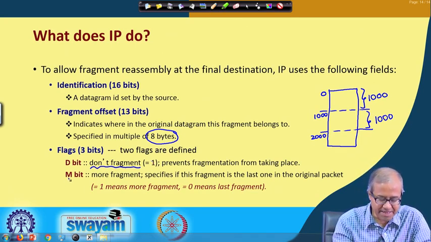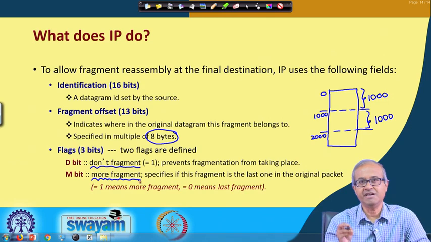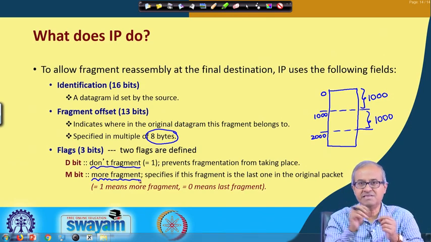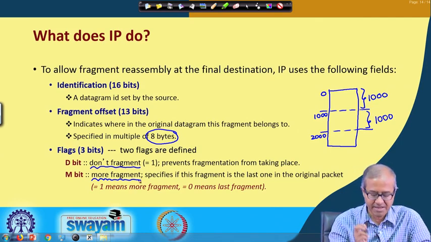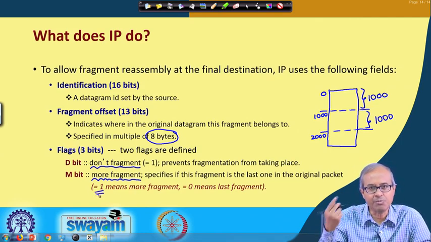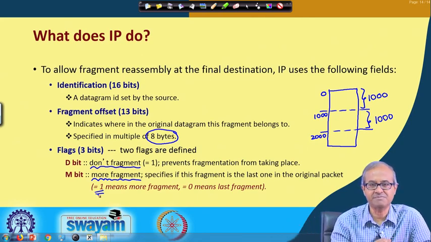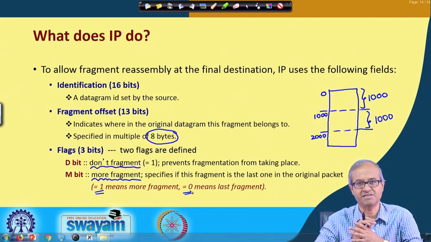And the other flag M stands for more fragments. This identifies whether the current fragment is the last fragment in the chain or not. If M equal to 1, it means there are more fragments coming after this, but if it is 0, it means that this is the last fragment of the original packet, there are no more after this.